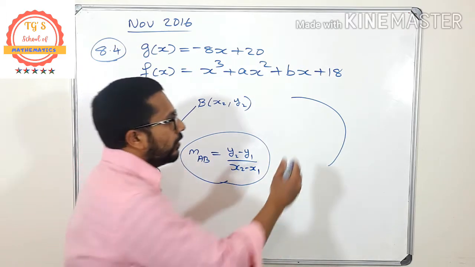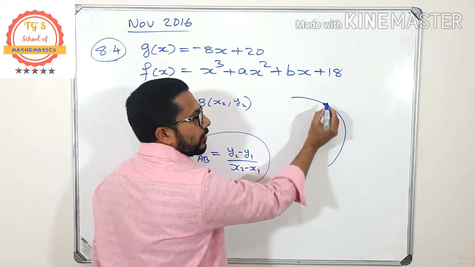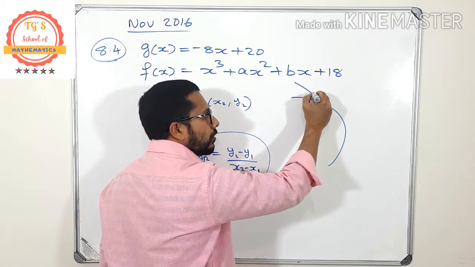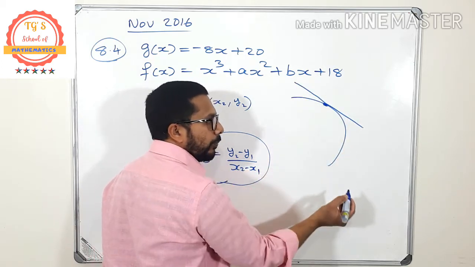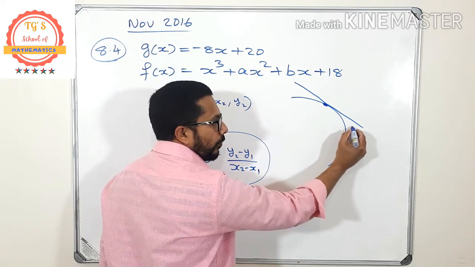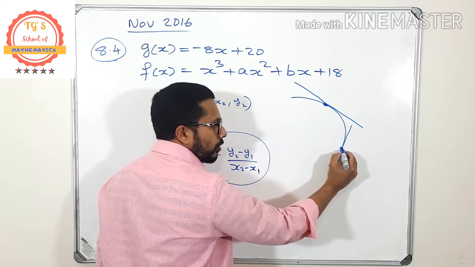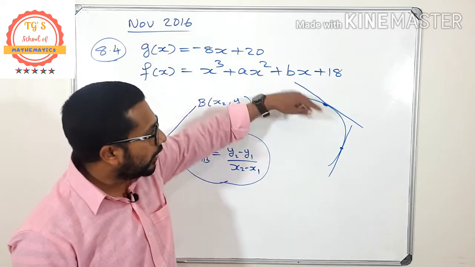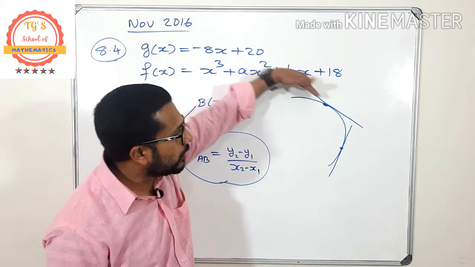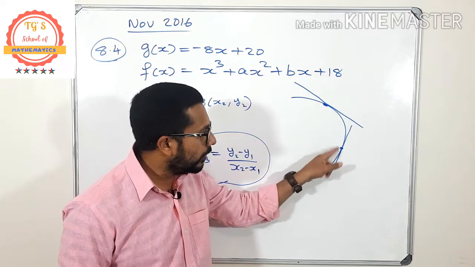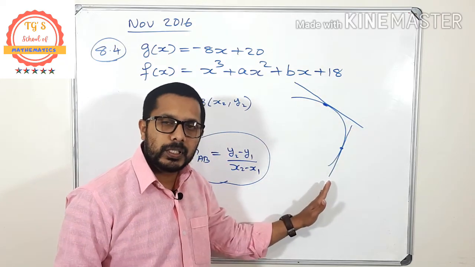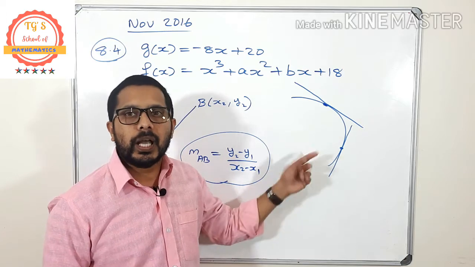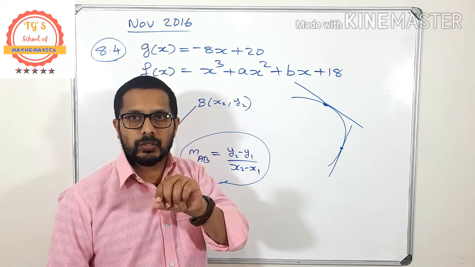At this point this is the slope, but at this other point, what is the slope or gradient? Gradient is the same as slope. So at this particular point this is the slope, but at that point it is different. That means the gradient is different at different points in the case of a curve.